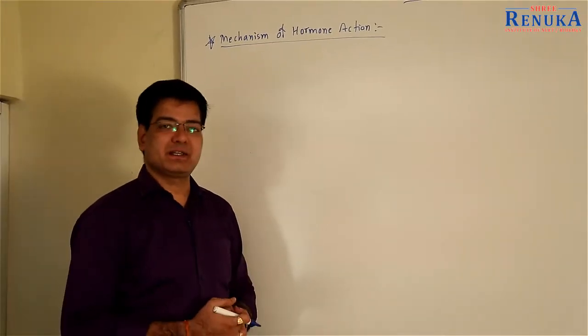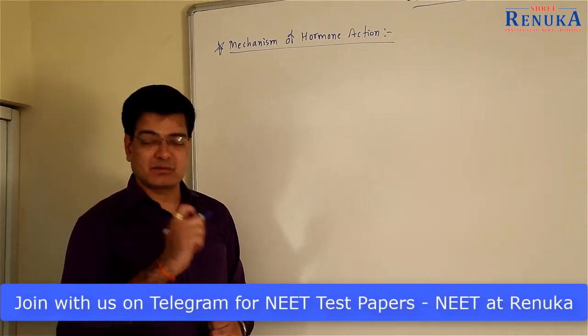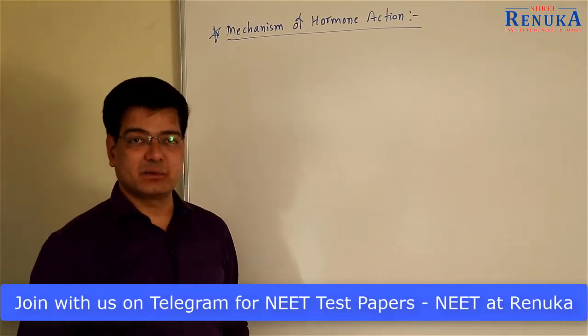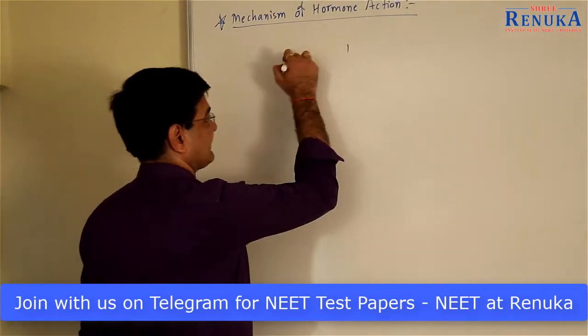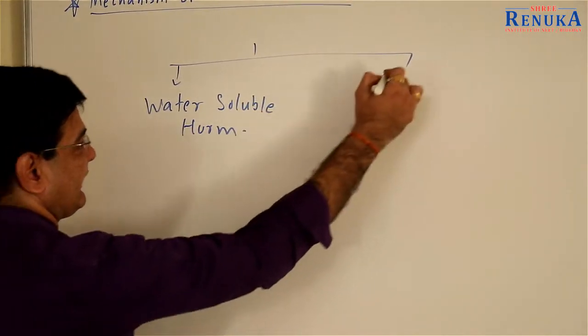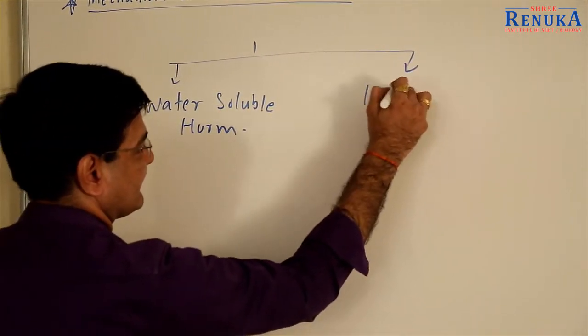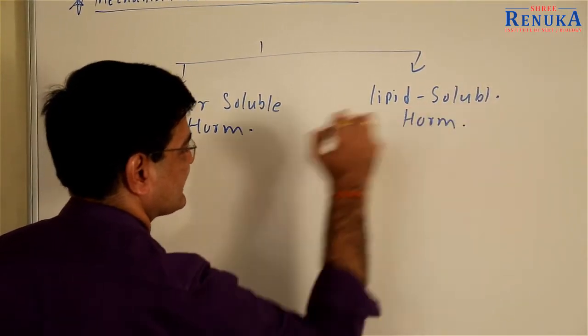Today in the biology lecture we will talk about mechanism of hormone action. Before understanding the mechanism of action of hormone, we need to understand the types of hormone. On the basis of solubility, hormones are of two types: water soluble hormones and lipid soluble hormones.